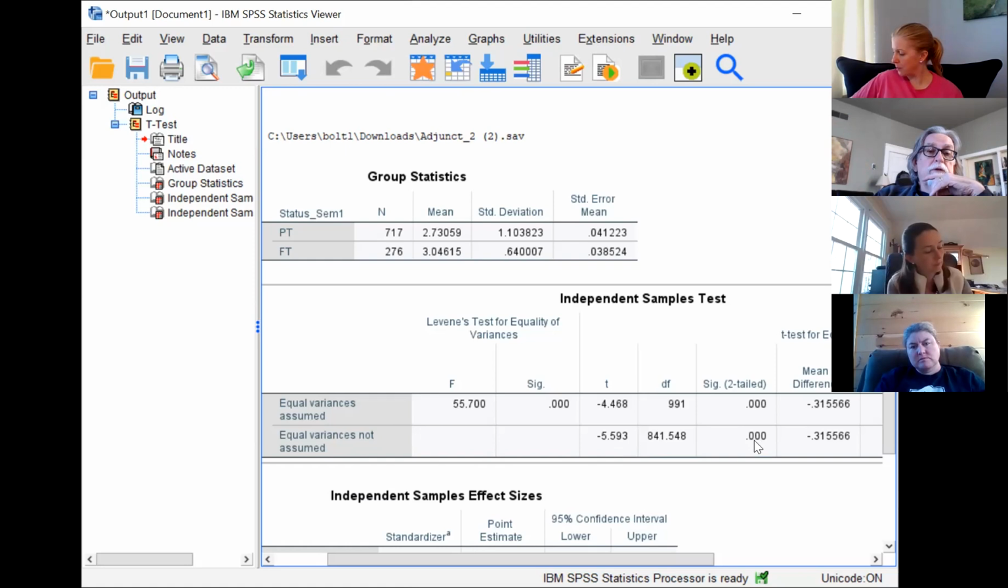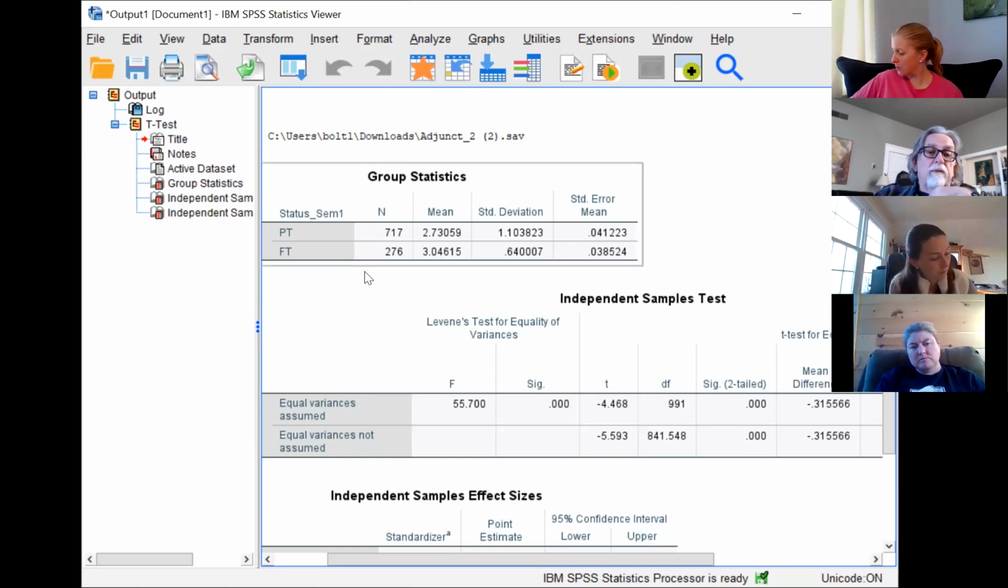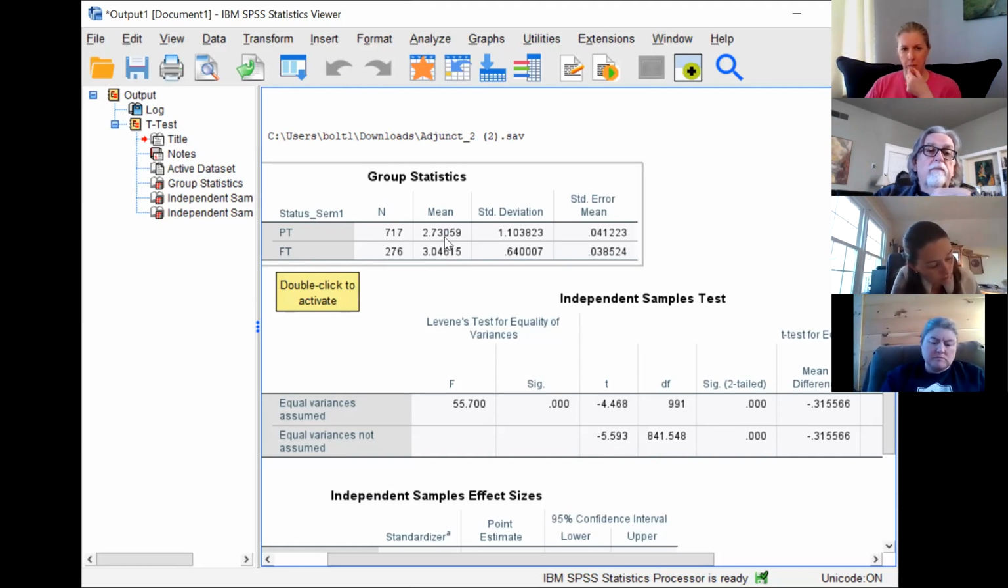When you go up to look at what that was, we see that the full-time folks had a first semester GPA mean of 3.046, and the part-time folks had a mean of 2.73.